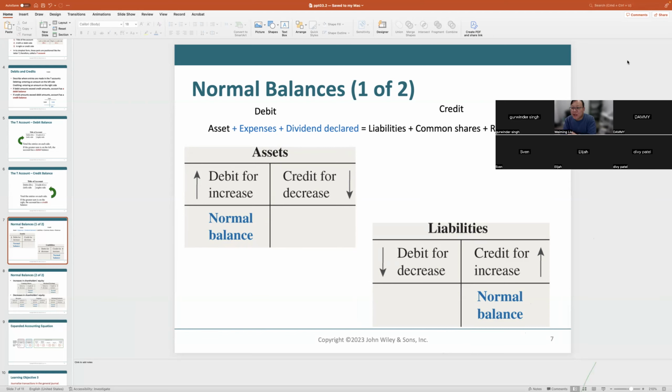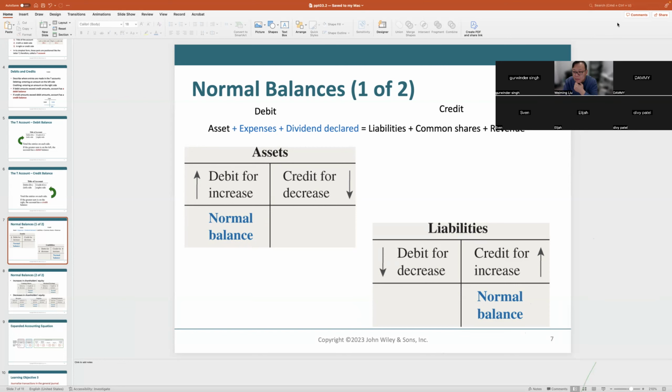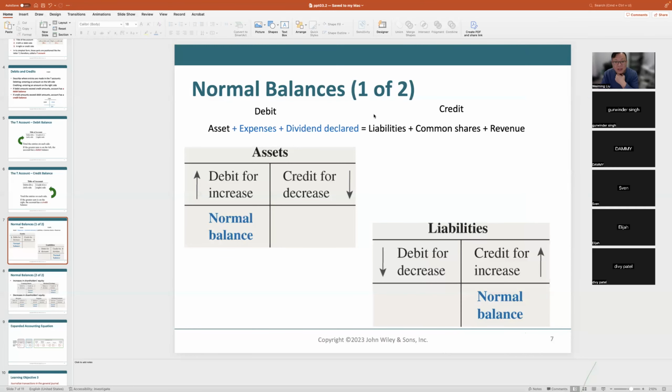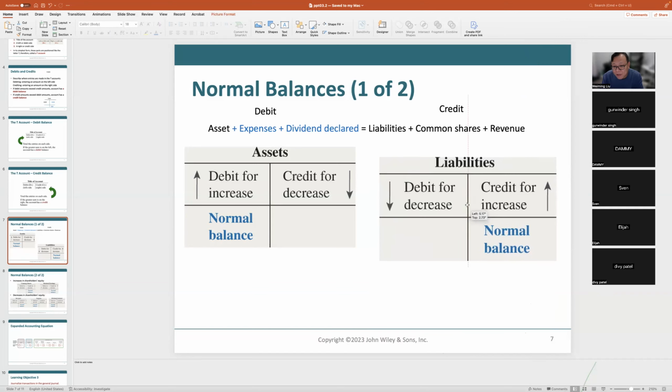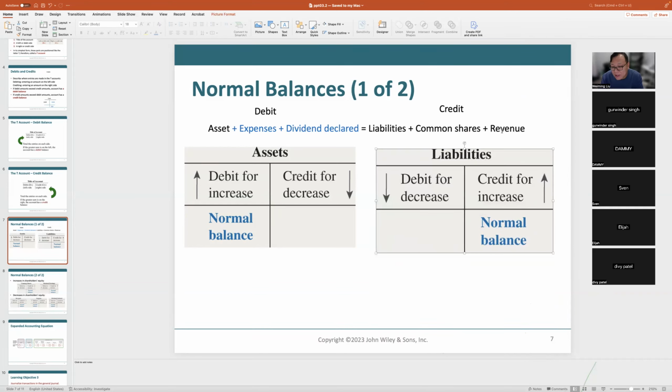Okay, give me a sum up if it makes sense. Okay, awesome. Now, for liability, it's the opposite, right? Liability would have a normal credit balance because it's on the right side of the equation.